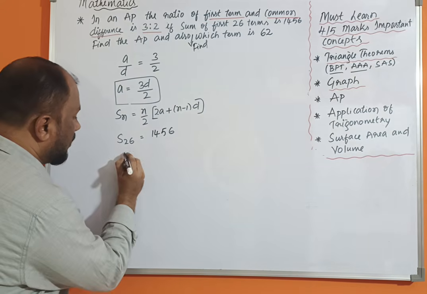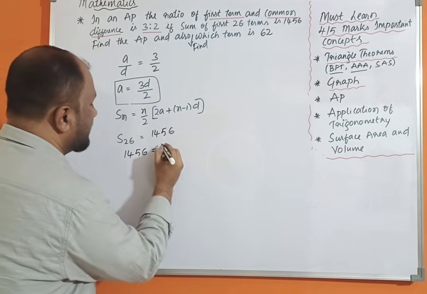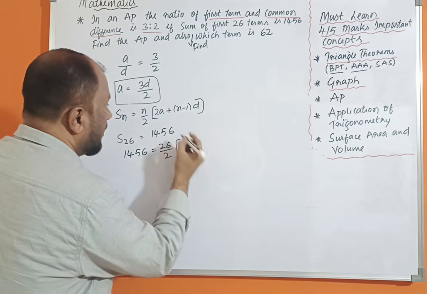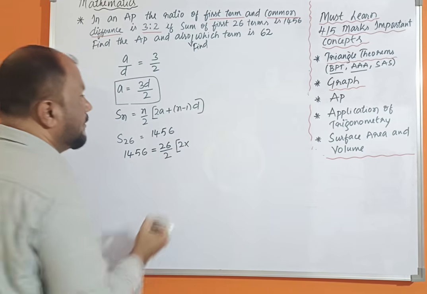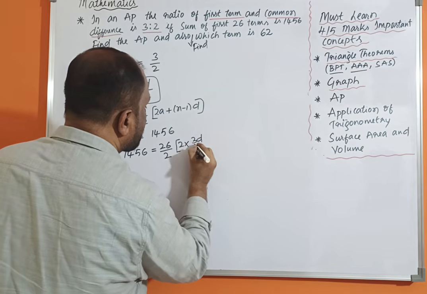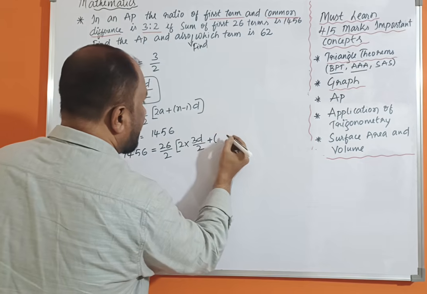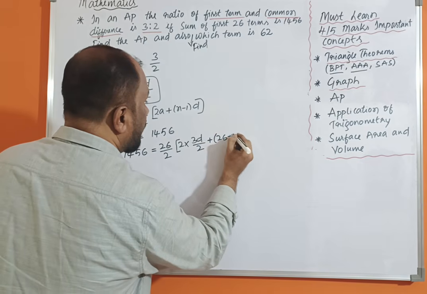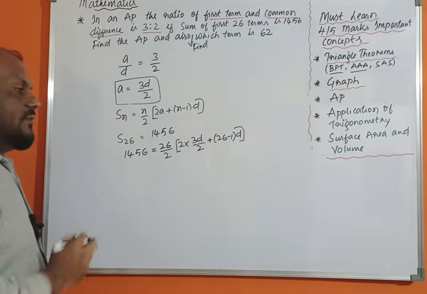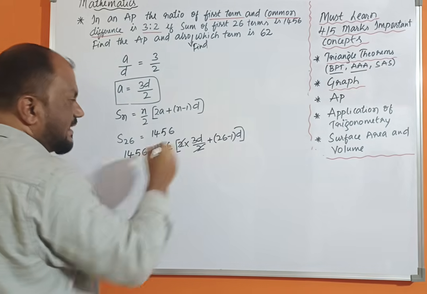Now, n is 26, so 26 upon 2 in bracket 2 into the value of A, which is 3D by 2, plus n minus 1, that is 26 minus 1, into D. So we substitute A as 3D by 2, and the 2 gets cancelled.